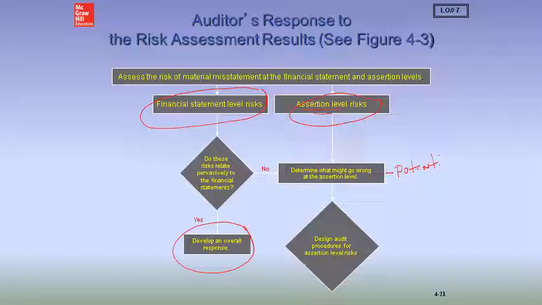What could go wrong at the assertion level we call potential misstatement. I'm just going to abbreviate potential misstatement, and we're going to see how we will then design our audit procedures at the assertion level. So we're going to look at each of these on the next couple slides.